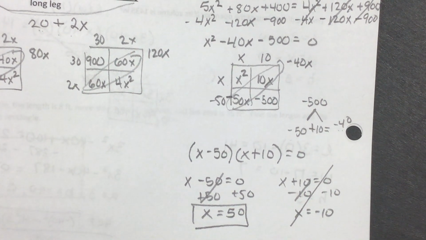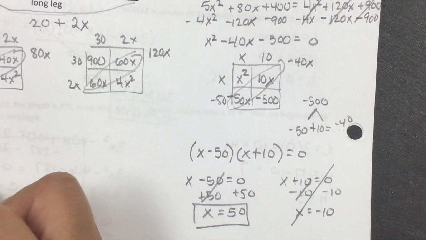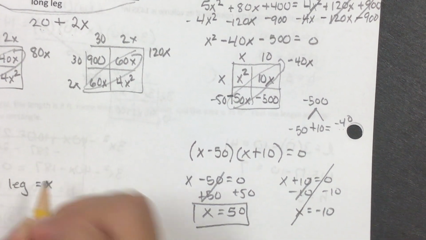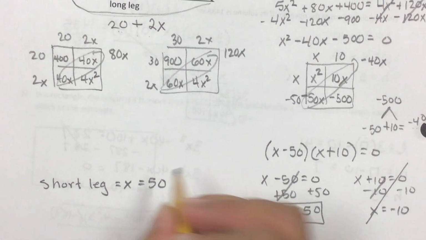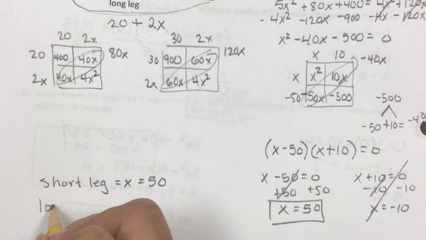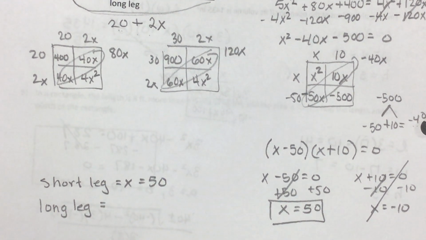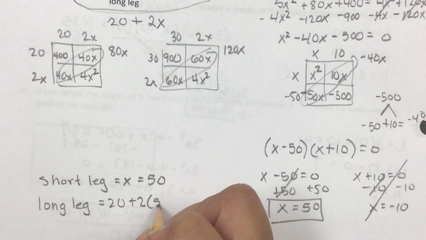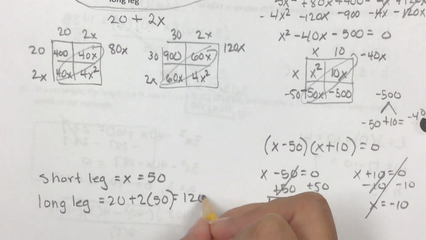With that information, remember that they asked us for the length of the sides. That means that the short leg, which is x, equals 50. The long leg is 20 plus 2 times 50, which gives you 120.